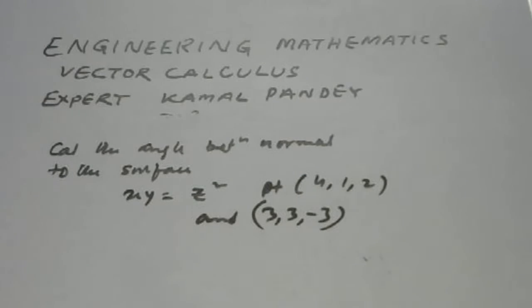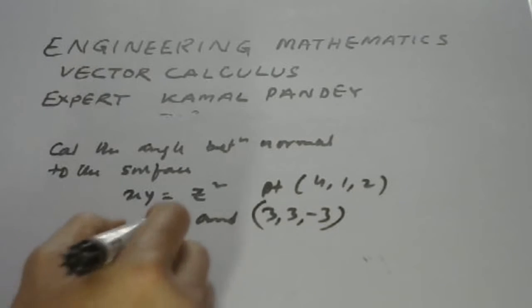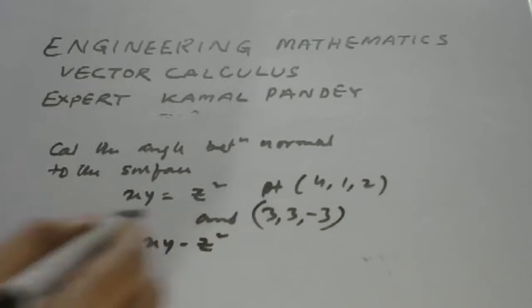These are the points given, and we have to find the angle. First, phi equal to xy minus z square.